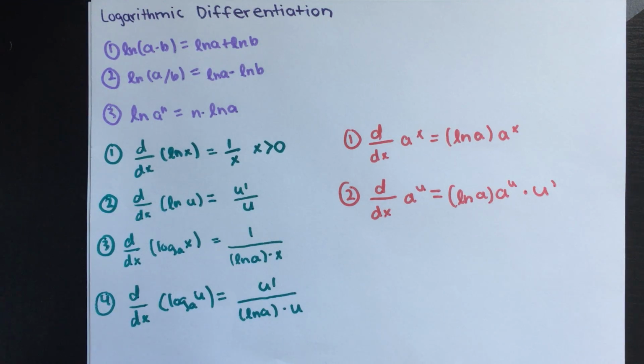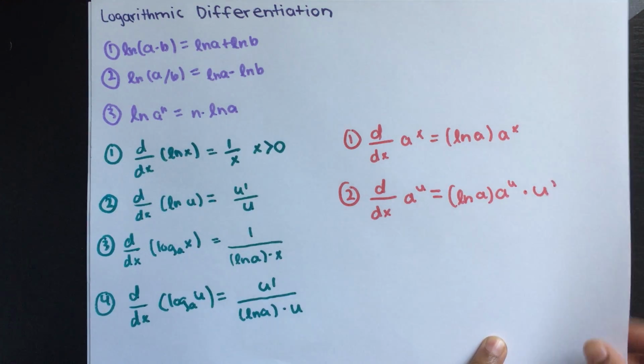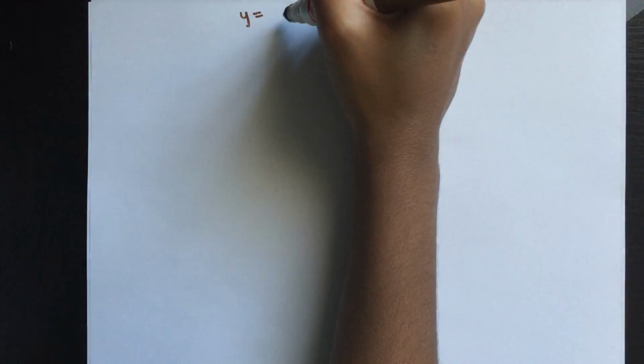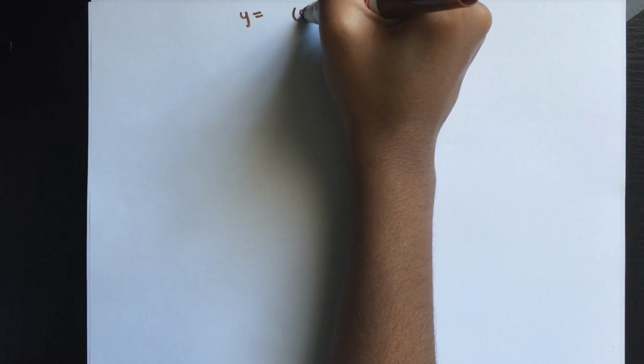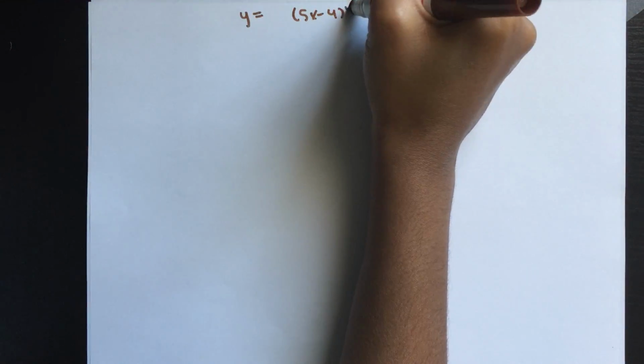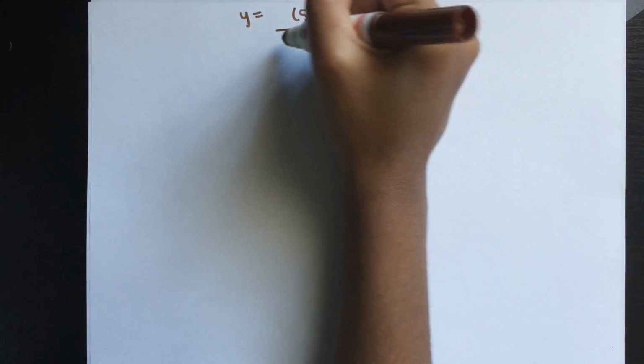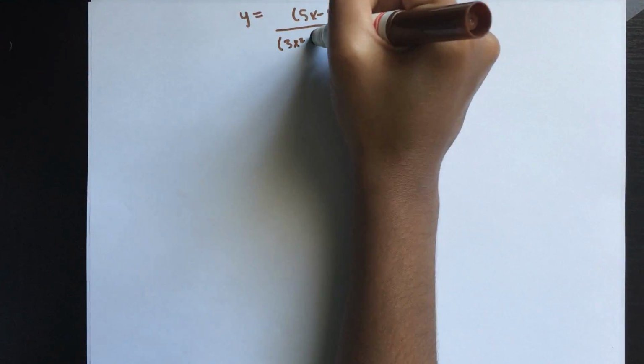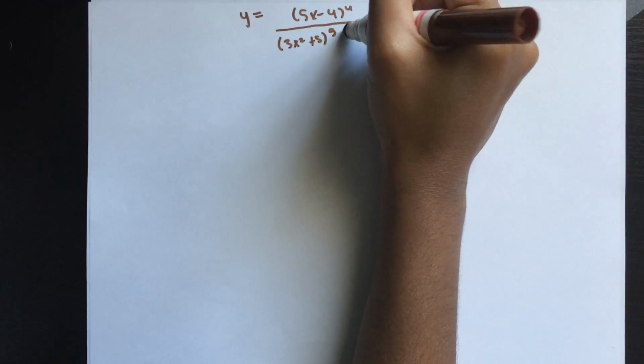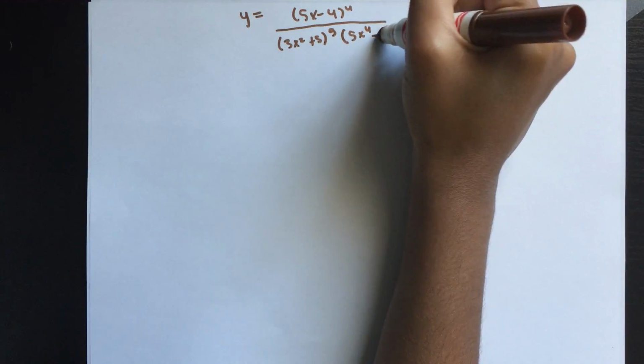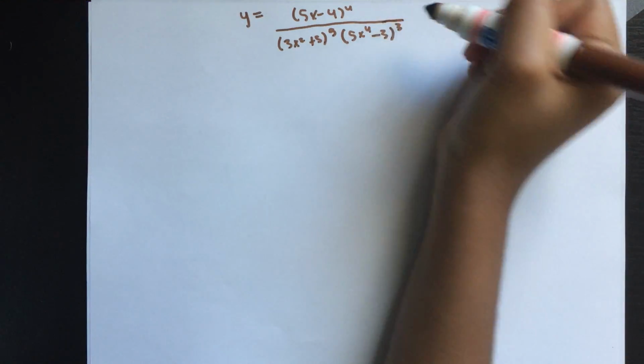So now I'm going to do a practice problem. I'm going to show you how I apply these rules to do that problem. So the problem that we're going to do is y equals (5x minus 4) to the fourth all over (3x squared plus 5) to the fifth times (5x to the fourth minus 3) cubed.